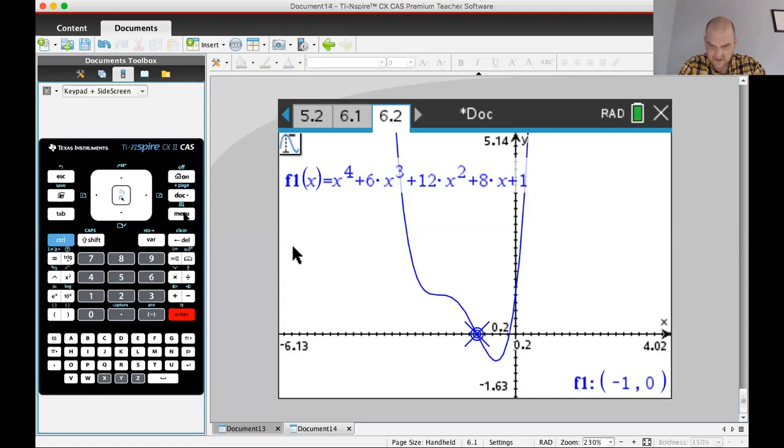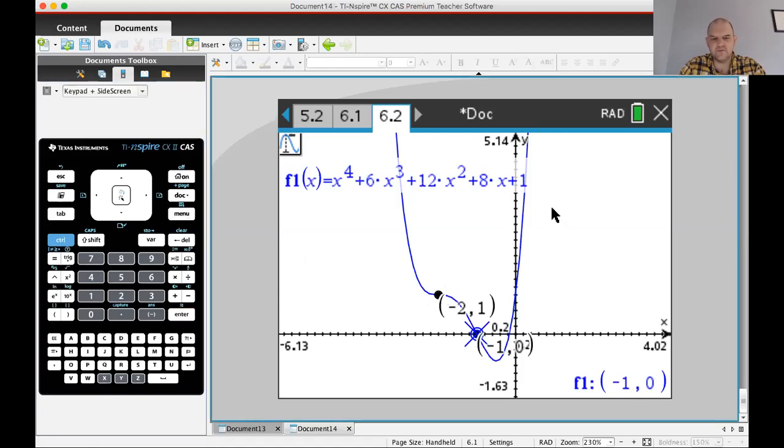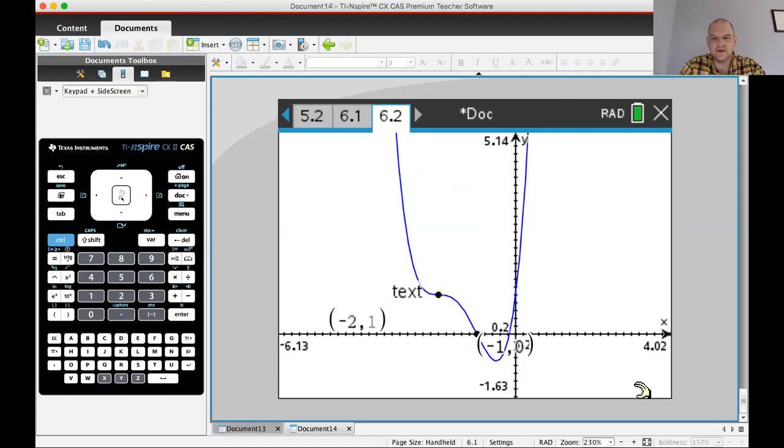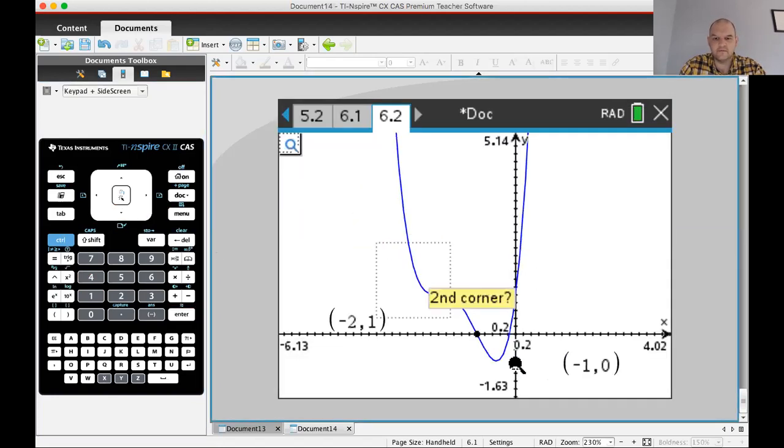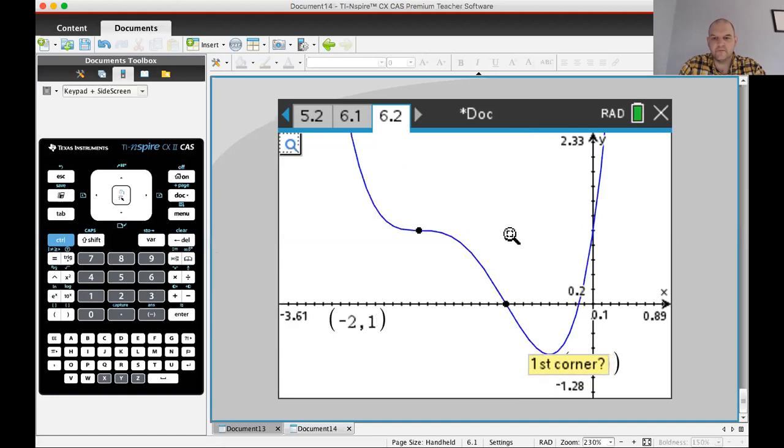I want to trace until x is -2. And if you hit enter when you do that, it'll leave the point there. And then -1, and I'm going to hit enter, and it'll leave the point there, and then press escape. So I get these 2 points. Let me zoom box so it looks a little better. These are definitely where we're changing concavity.